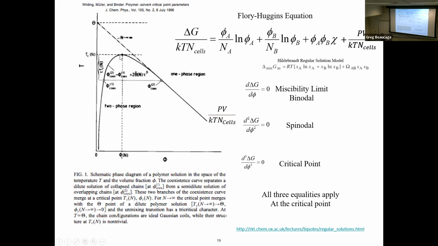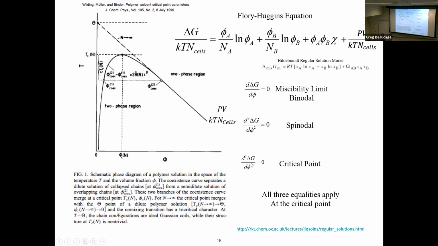It's another curve that looks the same as the binodal, except it's sharper at the critical point, and it passes through the critical point. Between the spinodal and the binodal you have nucleation and growth, and within the spinodal you have spontaneous spinodal decomposition. It doesn't need a nucleus to form; it just automatically forms, with uphill diffusion to the phase separation.